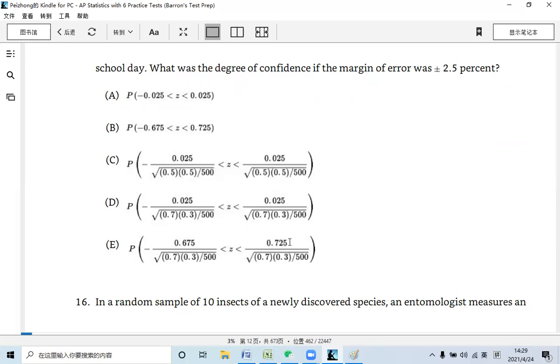Yeah, this one looks good. 70%, so the upper boundary will be 72.5%, and the lower boundary would be 70% minus the 2.5%. Yeah, this is how you estimate the standard deviation of the population of the sample means.